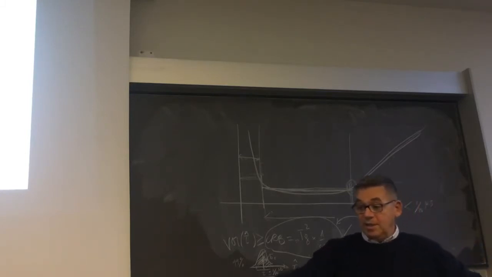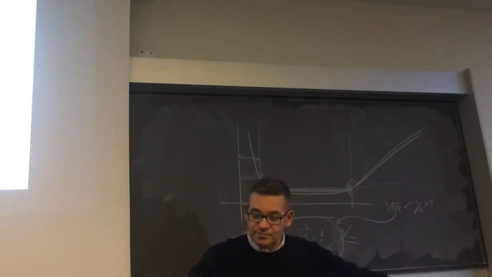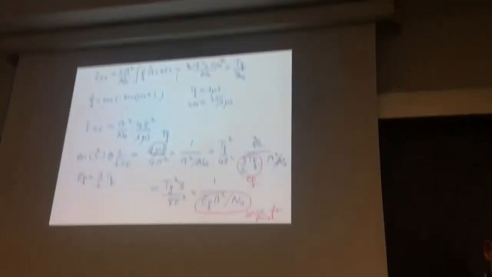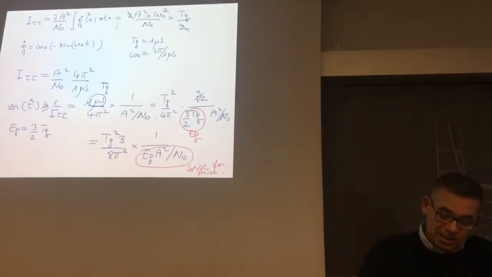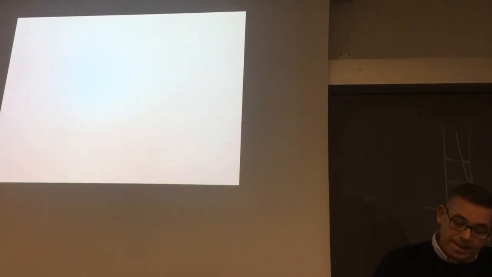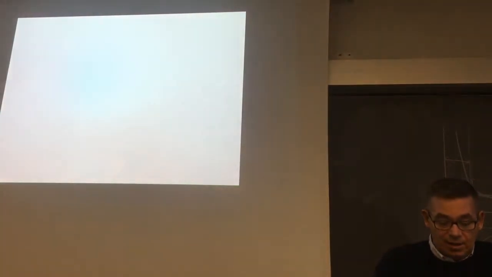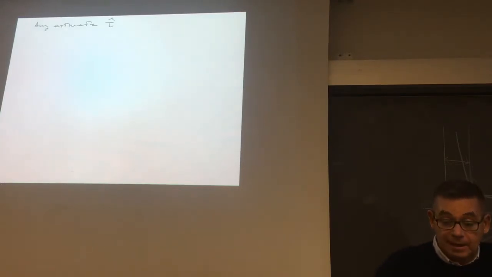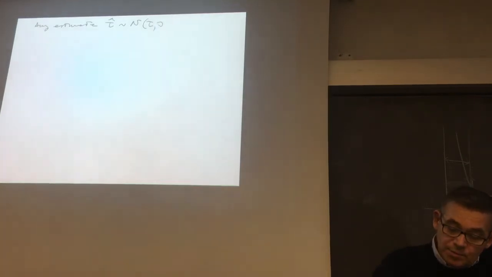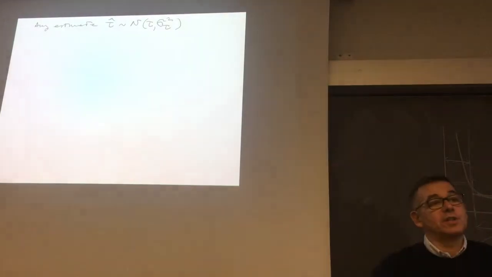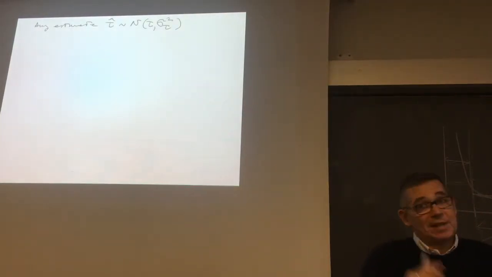Now I repeat here, okay? The text is telling you that any estimate tau hat is distributed as a Gaussian distribution, with sigma tau, which is a standard deviation.